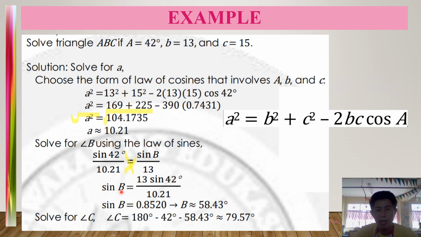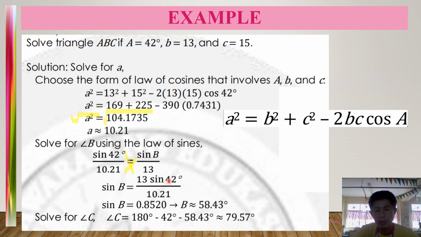Okay, since sine B lang ang matitira dito, divide natin both side of the equation by 10.21. So, makakancel na siya dito, kaya ang natira na lang ay sine B equals, ito yung product na itong dalawa kanina, 13 times sine 42. So, 13 sine 42 divided by 10.21. Okay, next. Sine B is equal to 13 times sine 42.